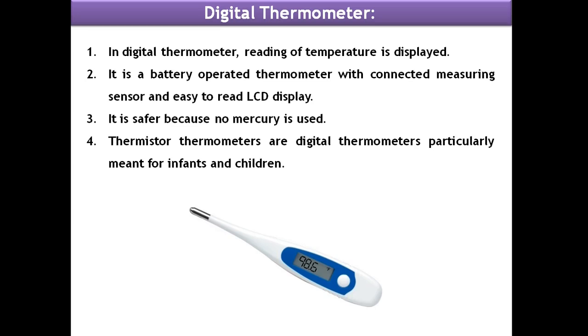It gives accurate temperature readings. It is made up of durable plastic material and it is safe to use because no mercury is used in these thermometers. Thermistor thermometers are also digital thermometers, particularly meant for infants and children.